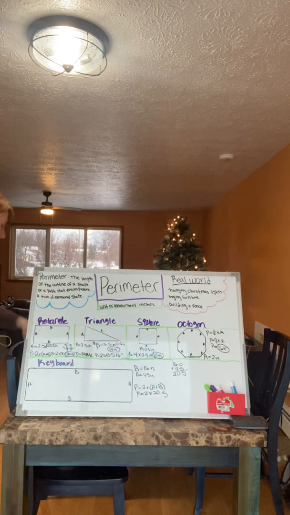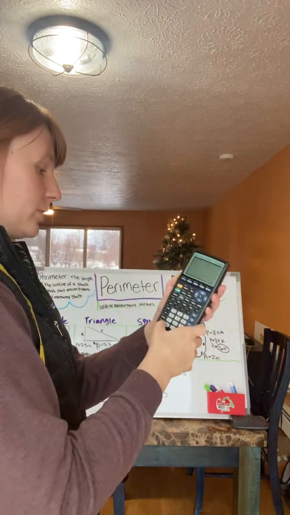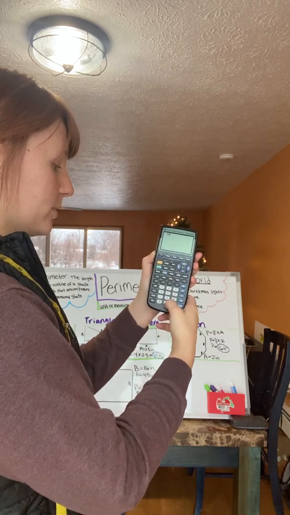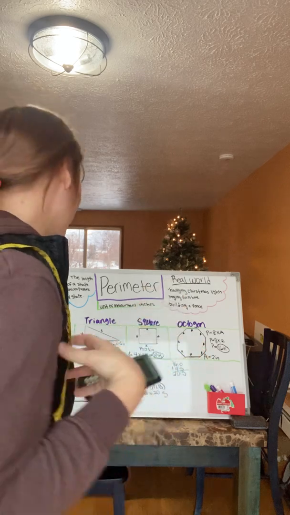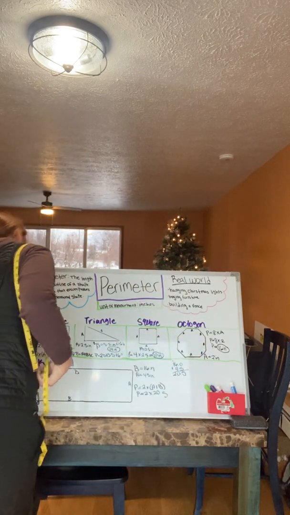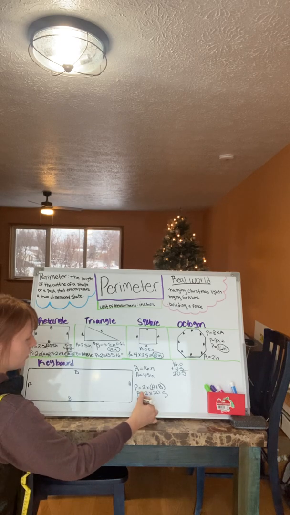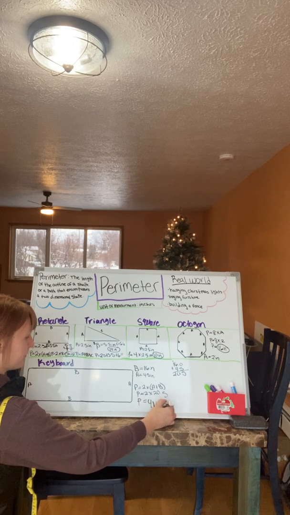We are going to use our calculator. I'm going to type this up here. 20.5 times 2 equals 41. So the perimeter of my keyboard equals 41 inches.